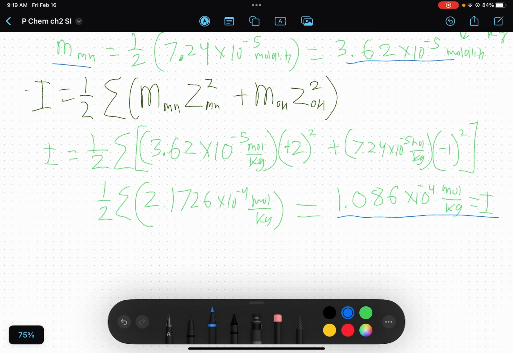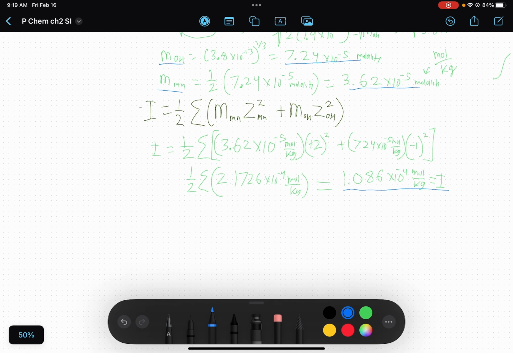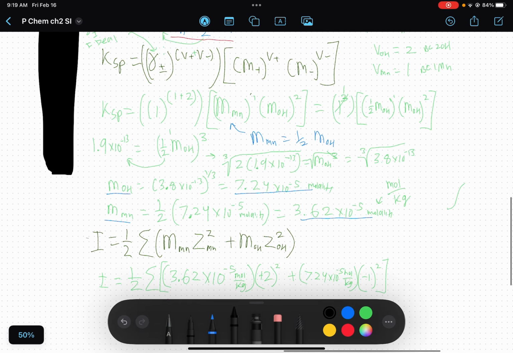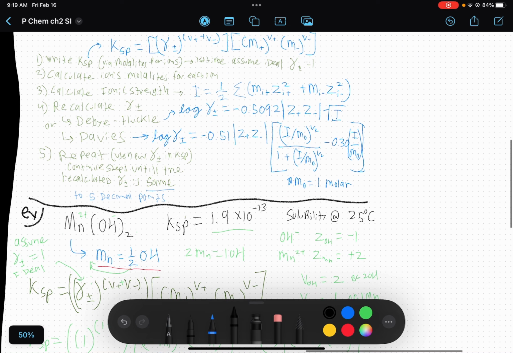Cool. And then now that we have our I, we can do either the Debye-Huckel or the Davies equation, right? So I'm going to go ahead and do both. I'll start with the Debye-Huckel because it's a little bit shorter. So again, that's this one up here.